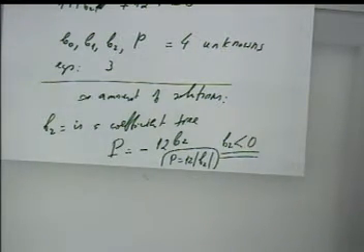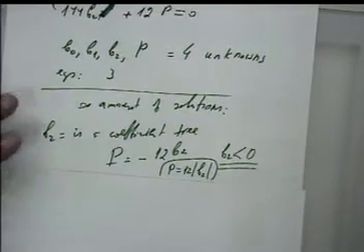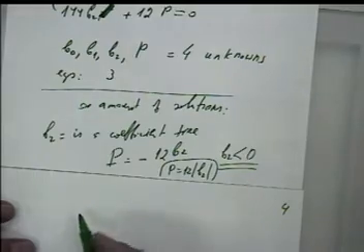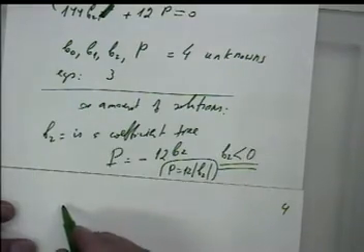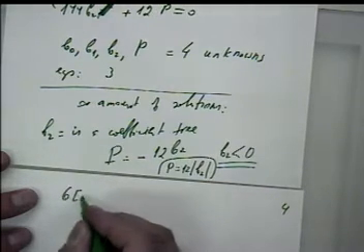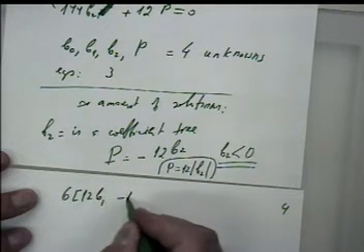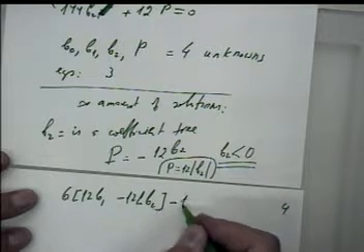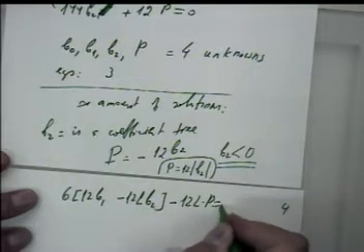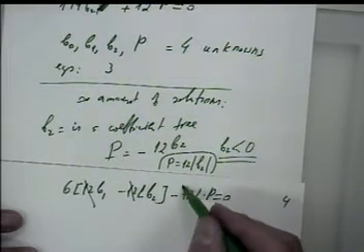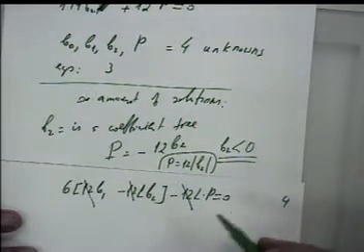Now we go back. So we substitute this here, and we get 6, 12B1 minus 12LB2 minus 12LP equals 0. Okay, first of all, by 12 we can just get rid of 12.